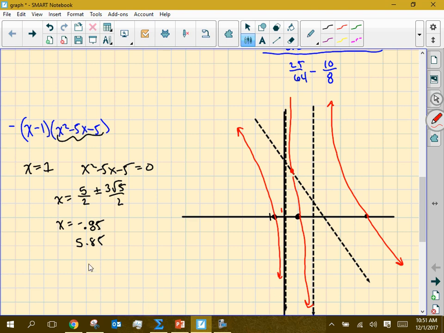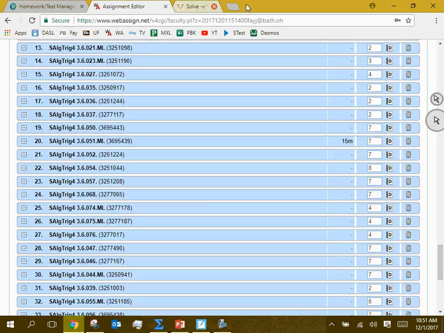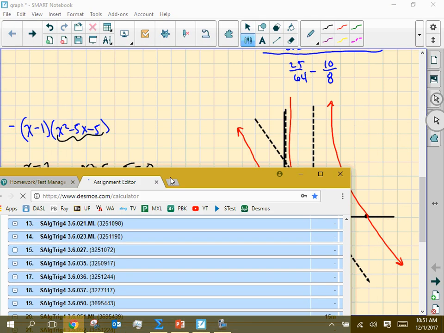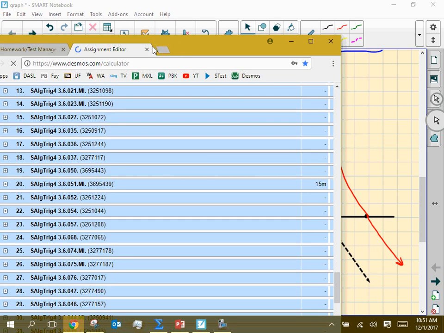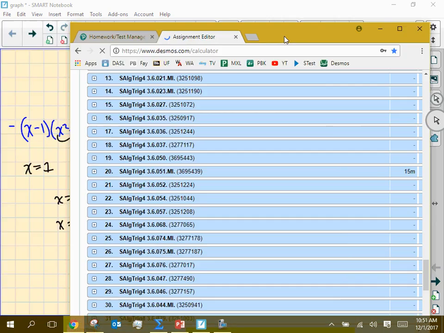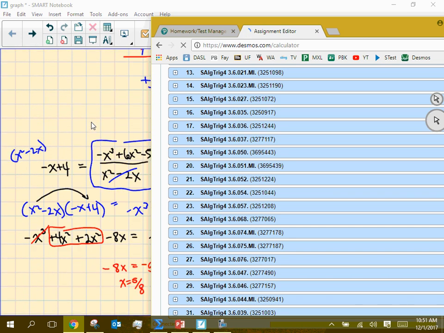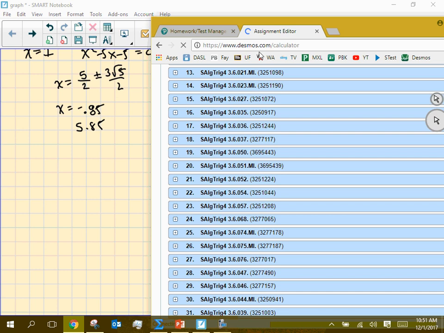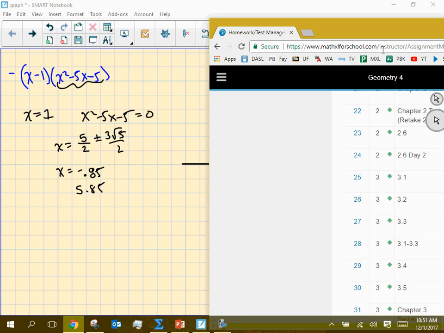Now, if I go to, say, GeoGebra or Desmos, maybe I'll use Desmos. Let's see here. Oh, it was loaded.